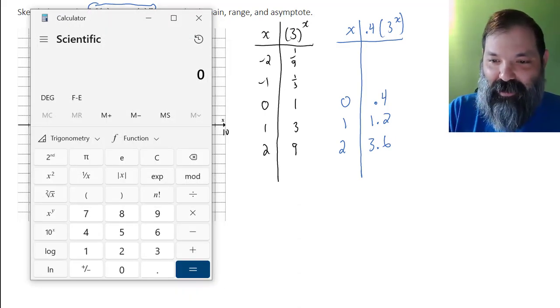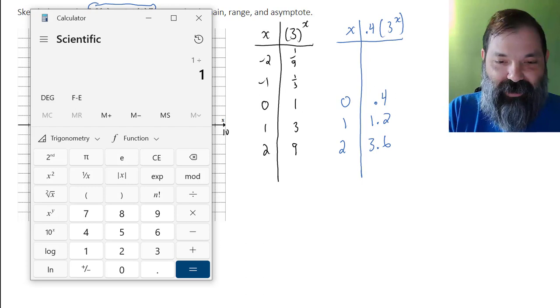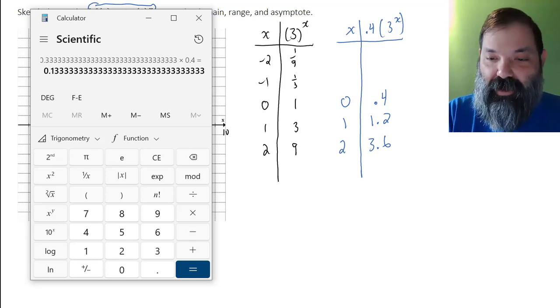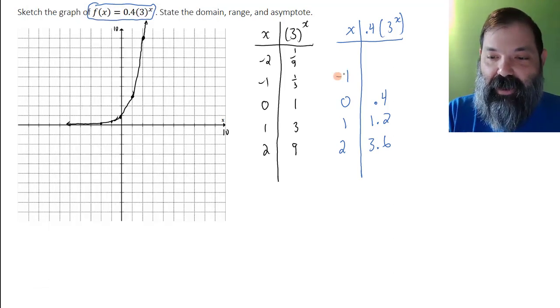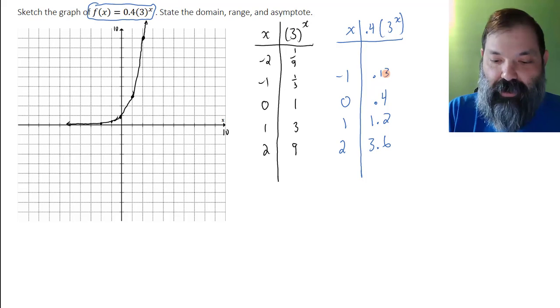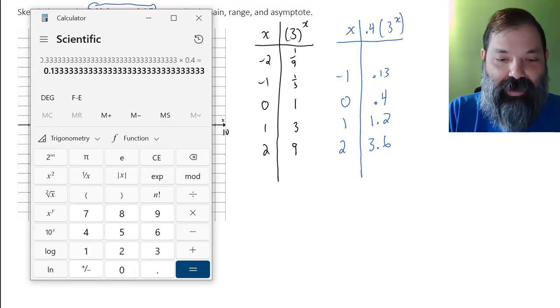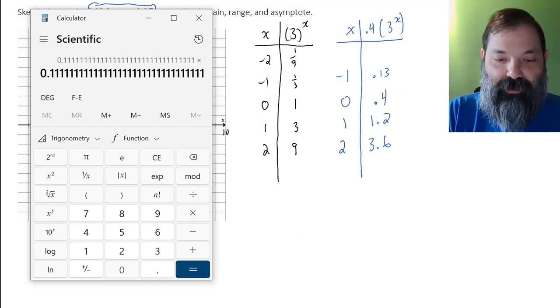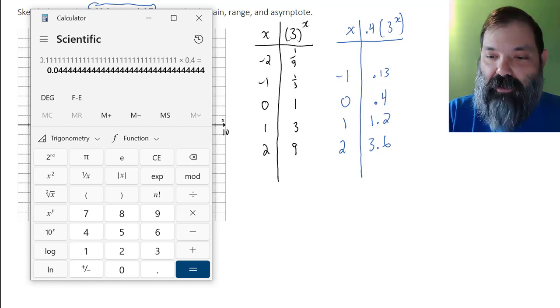Let's see, so 1/3 times 0.4 is 0.13. So I've got the point -1, and then 0.13, and let's see, 1/9 multiplied by 0.4 is 0.04 roughly.